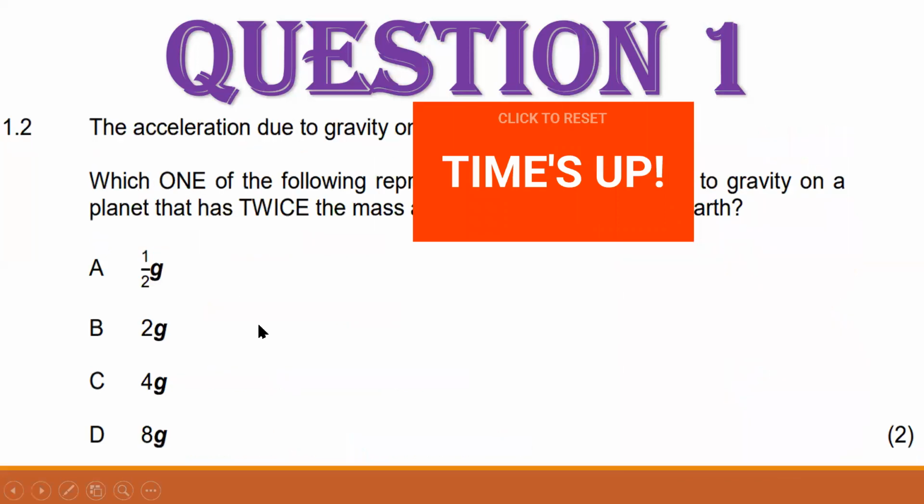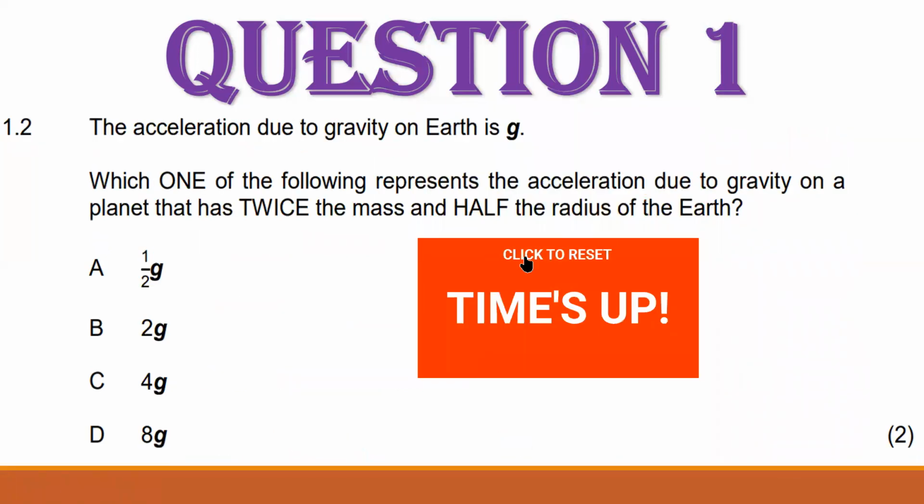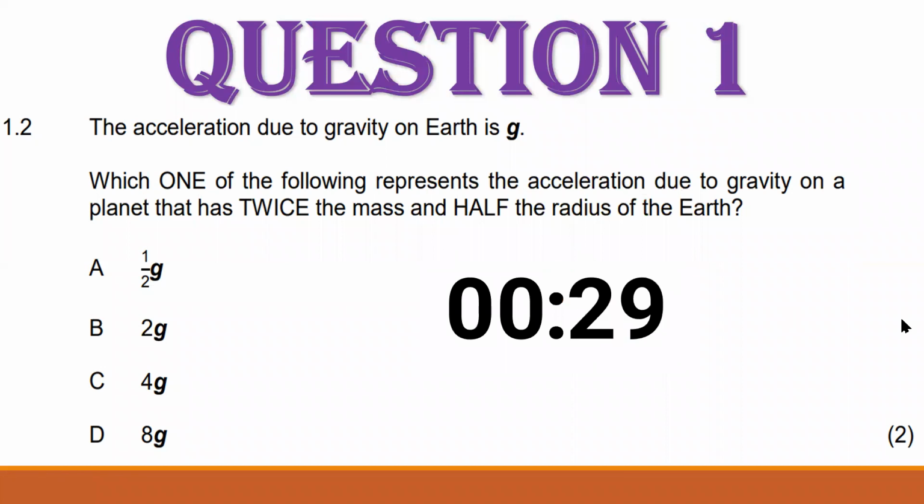Question 1.2 is coming now. You have 30 seconds. Acceleration is g on Earth. Which one of the following represents the acceleration due to gravity on a planet that has twice the mass and half the radius of the Earth?